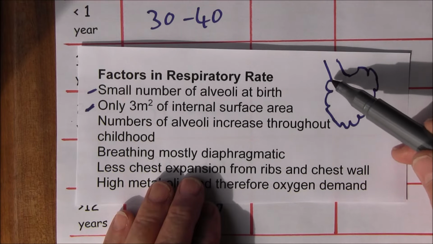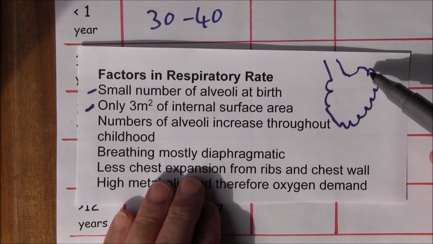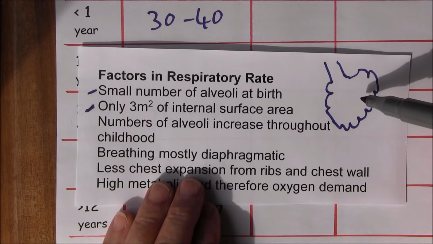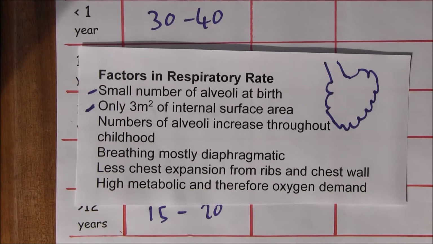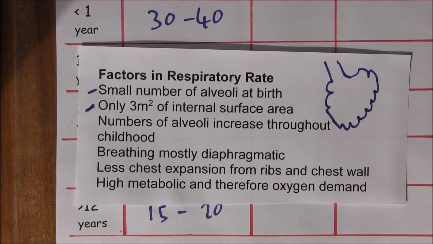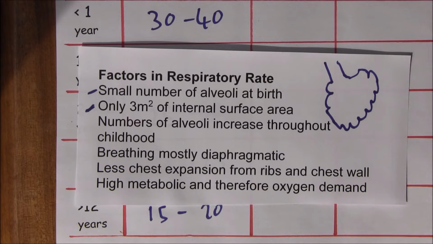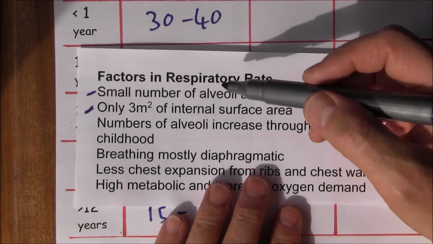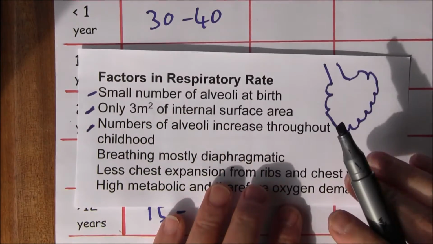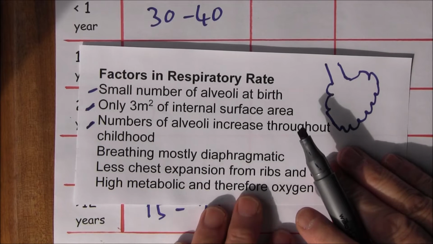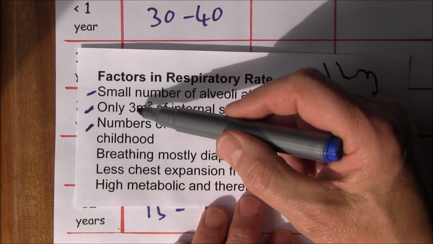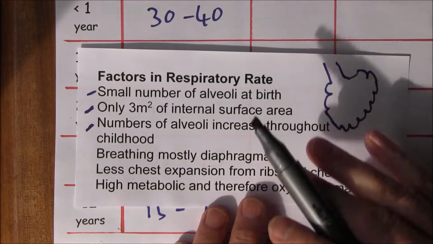Given there's a smaller surface area over which gaseous exchange can take place, it makes sense that the oxygen needs to go in quicker, and the carbon dioxide needs to go out quicker as well. So we get adequate amounts of oxygen absorbed and adequate amounts of carbon dioxide excreted. The number of alveoli increases throughout childhood, and as the number of alveoli increases, the internal surface area over which gaseous exchange takes place also increases.